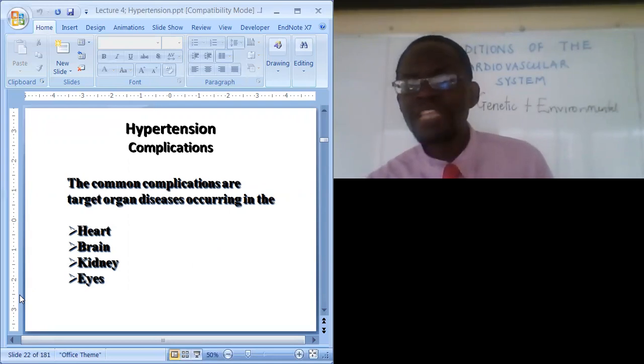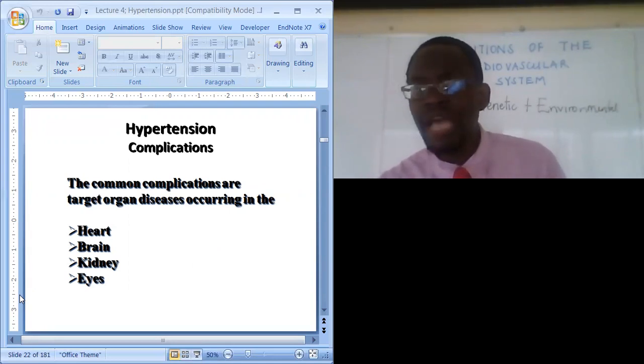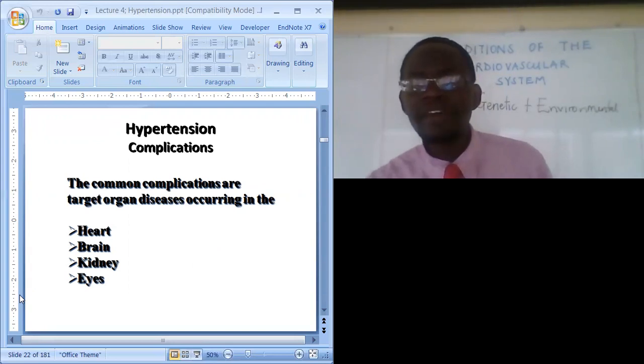For example, in the eyes, you can have things like retinopathies. In the kidneys, absorption of water is increased, leading to perpetuation of blood pressure.